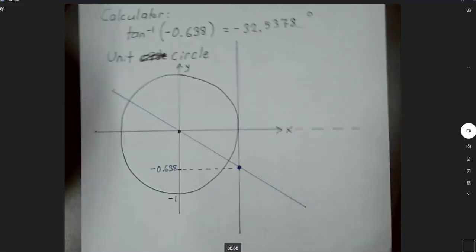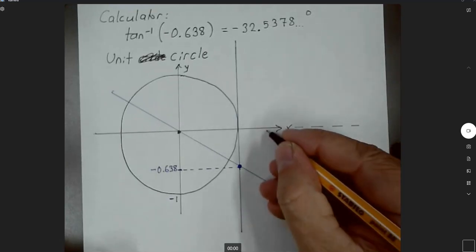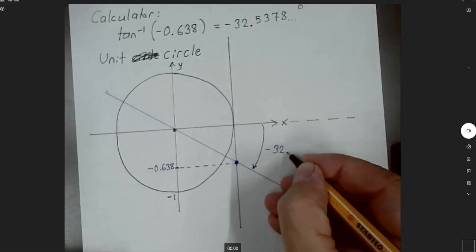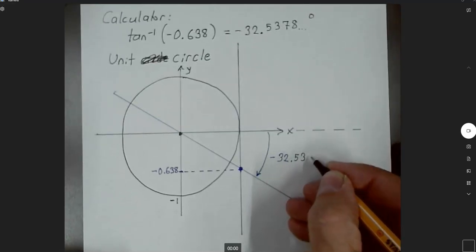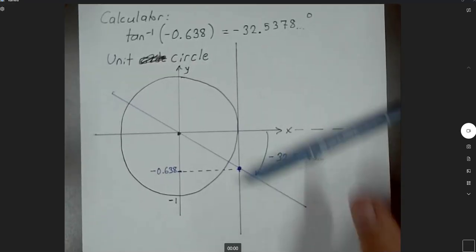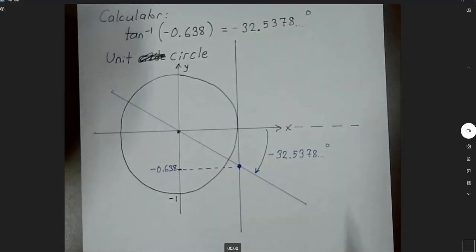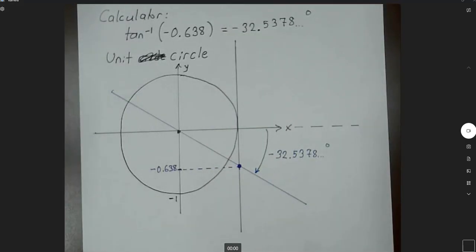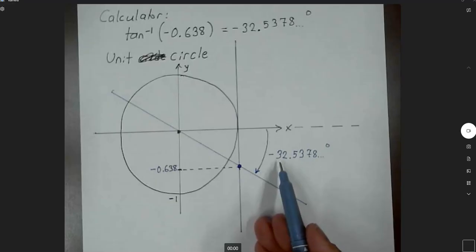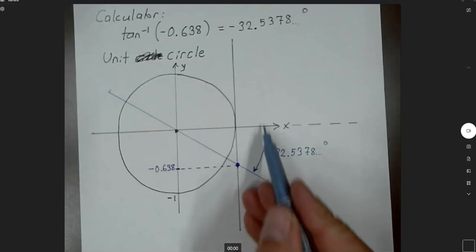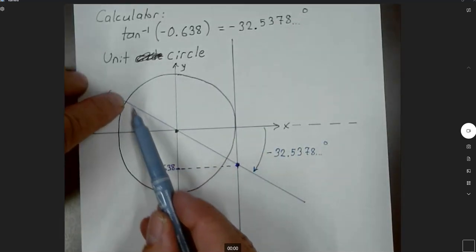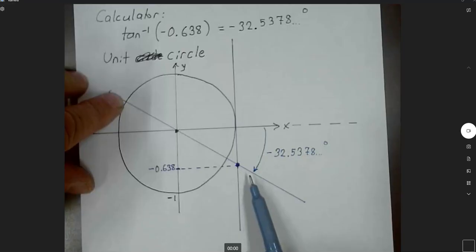So this angle here is minus 32.5378 degrees. And because of the period of 180 degrees, we can tell that when we add 180 degrees there, we will be in the opposite side of the circle, and the tangent value will be the same.